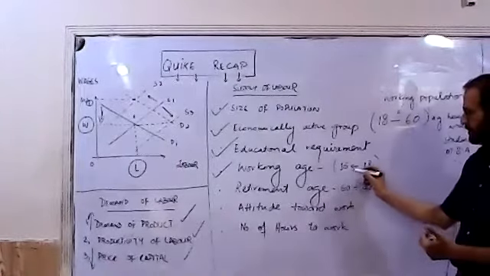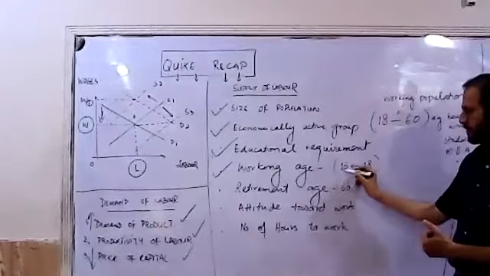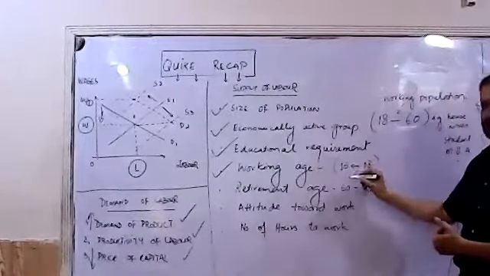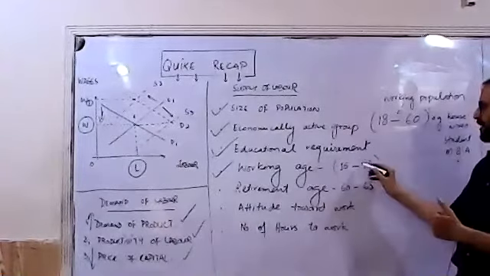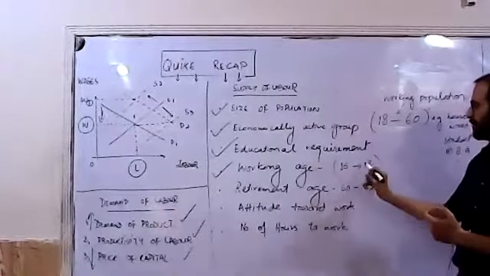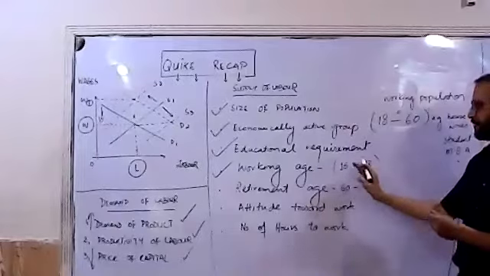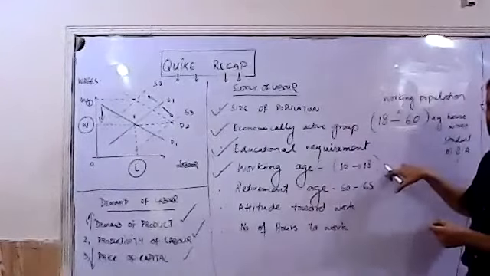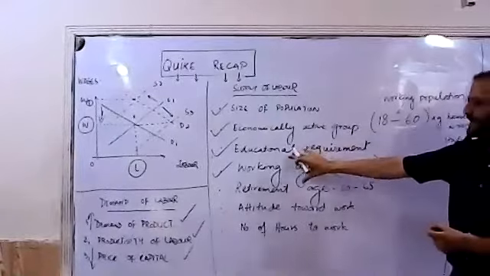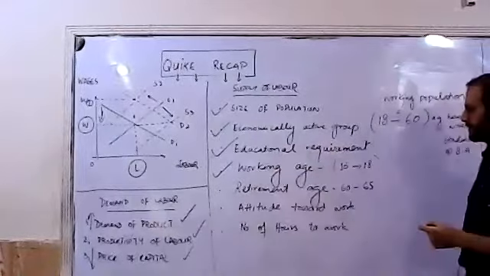So reducing the age limit for working is going to increase the supply. But if we put it the other way around, that if the working age was 16 previously, but now it is increased to 18, so we are going to have a little restriction on the supply.